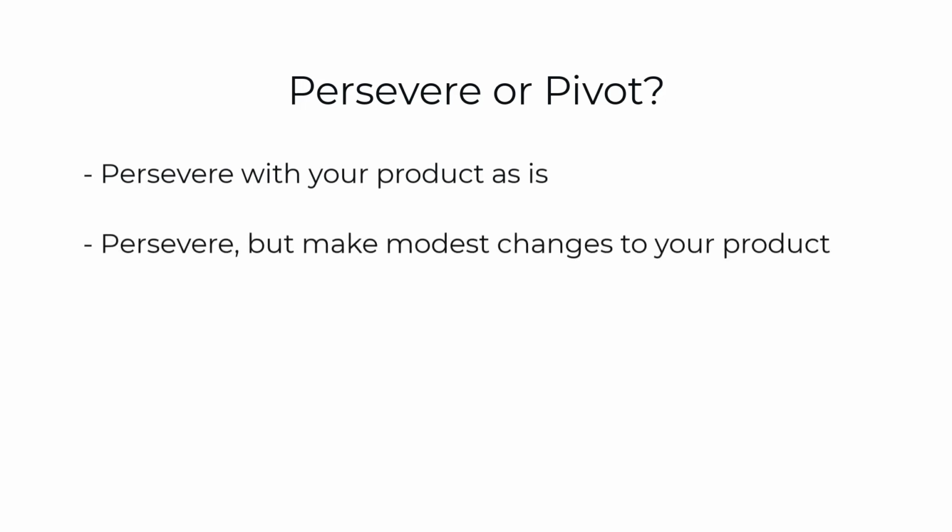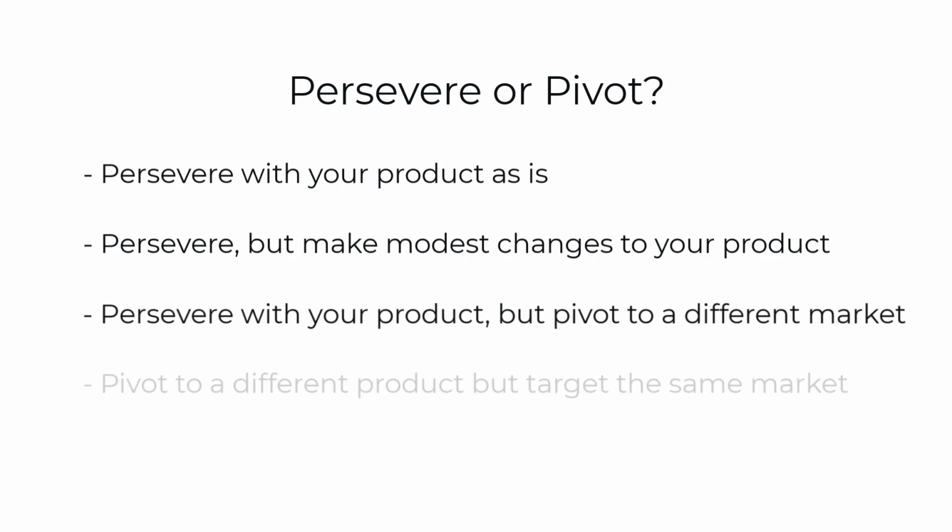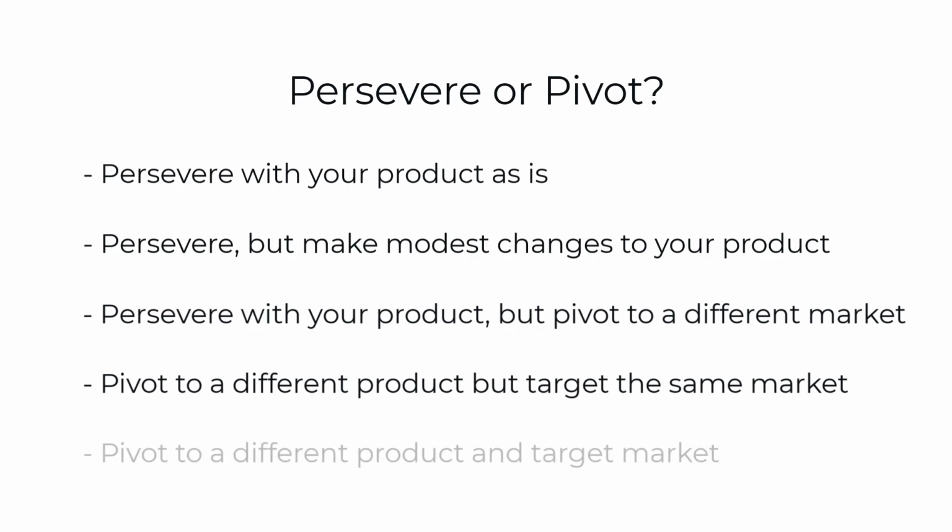You might persevere but make modest changes to your product, such as adding or cutting features. You might persevere with your product but pivot to a different target market, or pivot to a different product but target the same market, or pivot to a completely different product and target market.